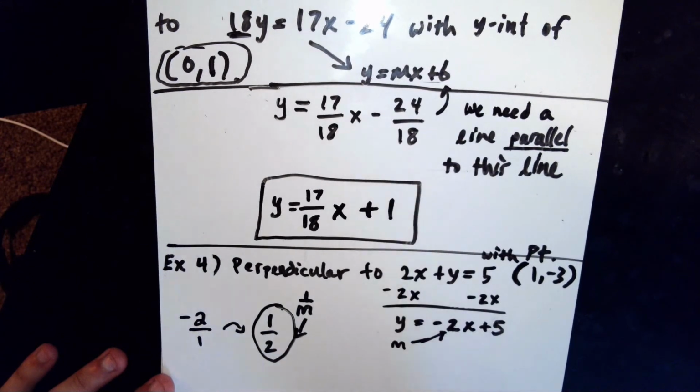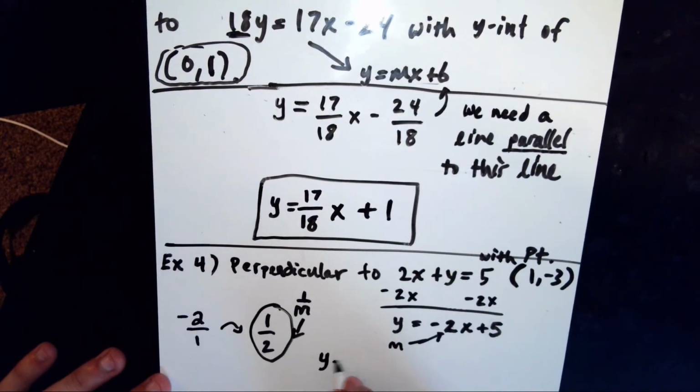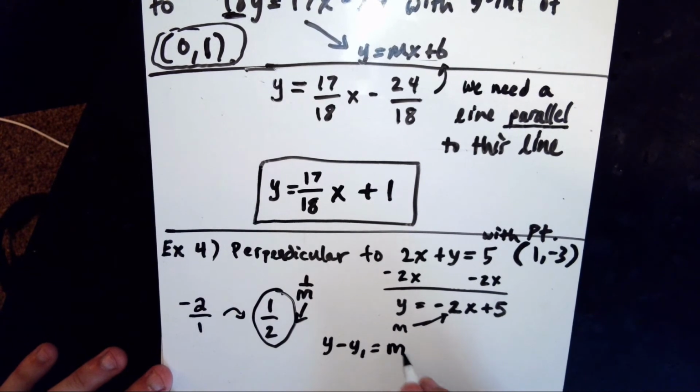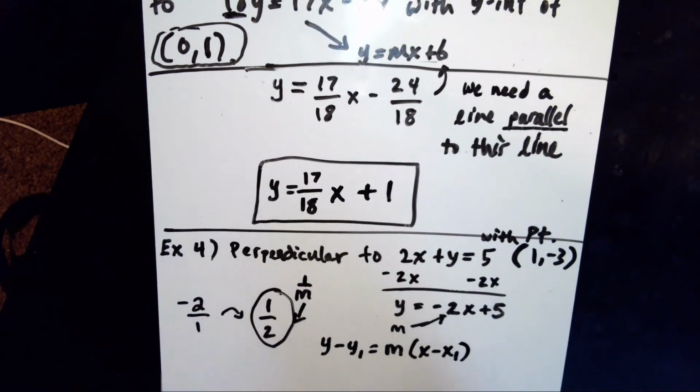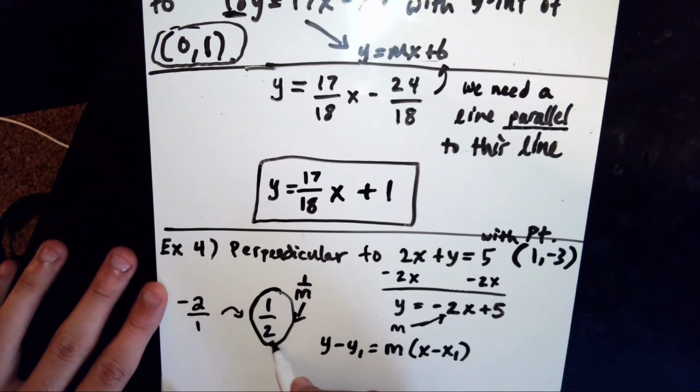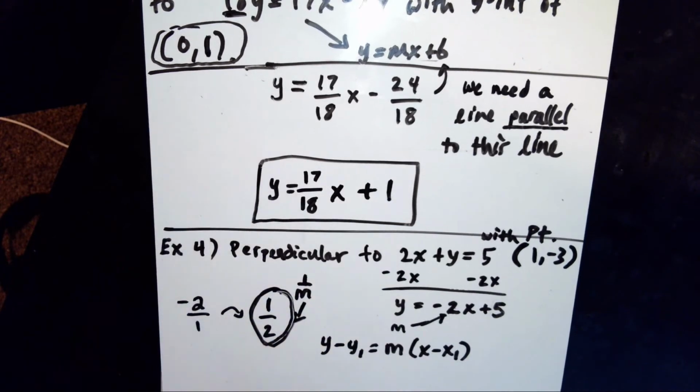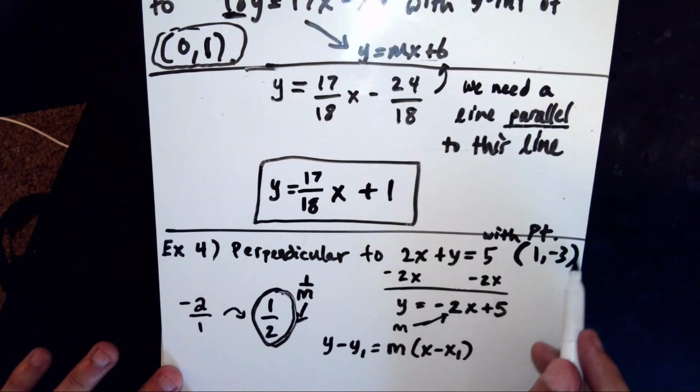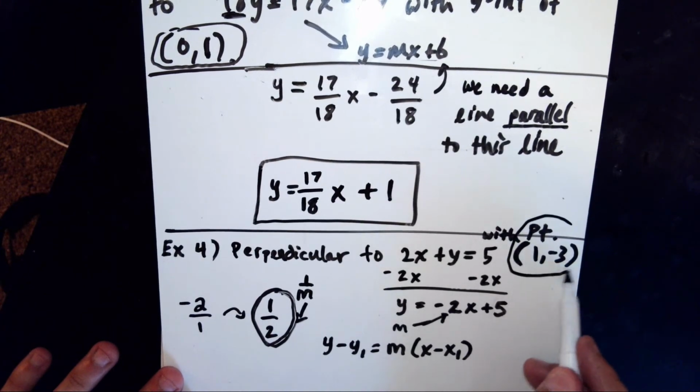So we can use the point-slope form of a line, which is y minus y1 equals m times quantity x minus x1. We plug in our slope of a half, and then plug in our point (1, -3) as well.